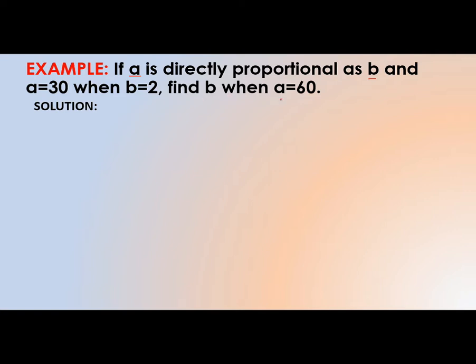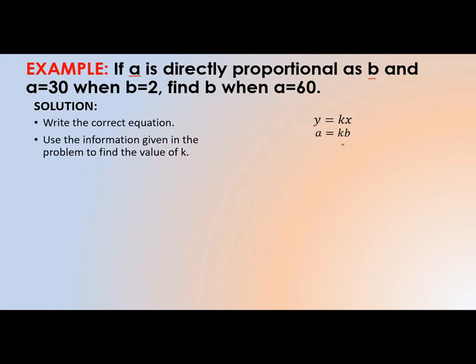Find B when A is 60. So we use the correct equation, which is A varies directly as B. This is like our previous example, but y is replaced by A varies directly as B. So whatever variables are given, that is what you write.